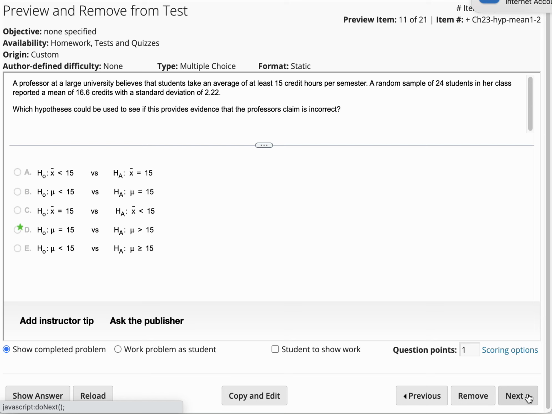A large university believes that students take an average of at least 15 credit hours per semester. So we ran a study, we got a certain mean and standard deviation. Which hypothesis could be used to see if the professors are incorrect? Okay, so let's look at this again.